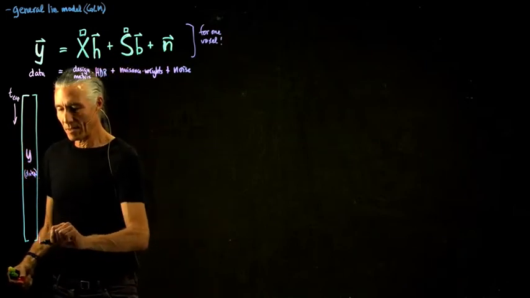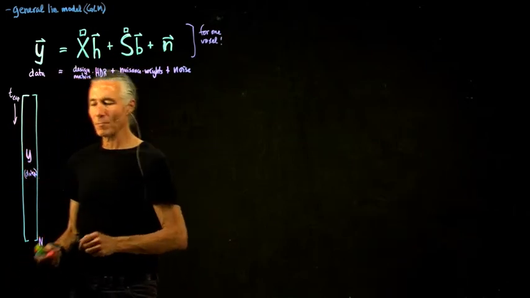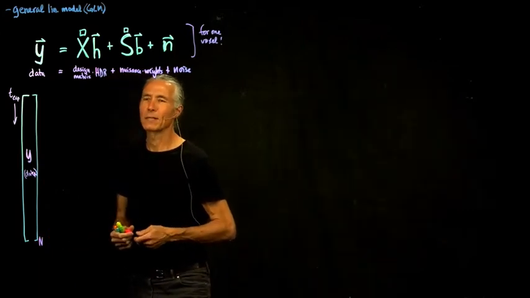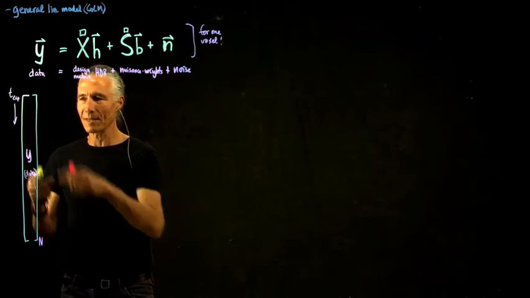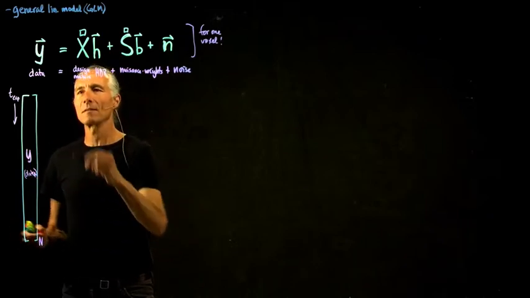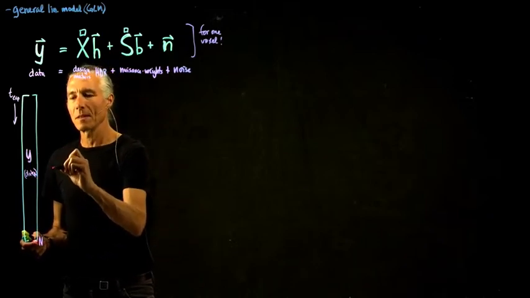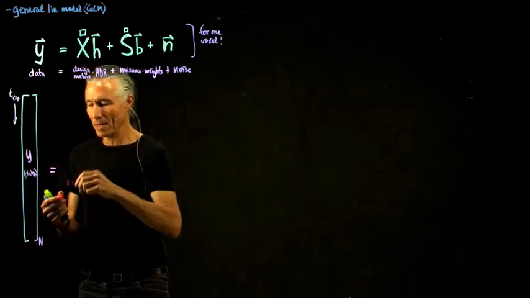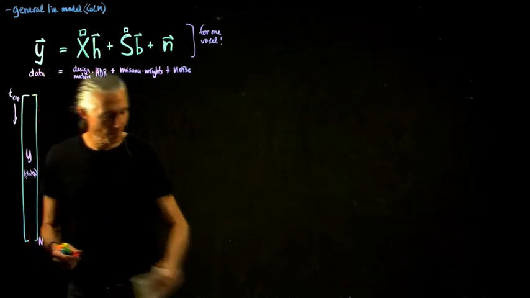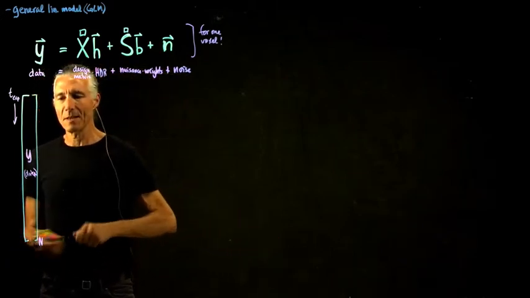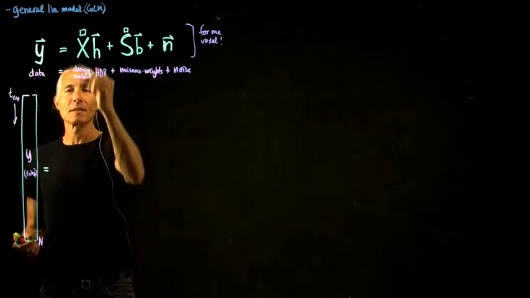So that's the total number of time points in the experiment. So that's our data. It's just a single column of numbers for one data collection. And so then that equals the experimental design matrix.